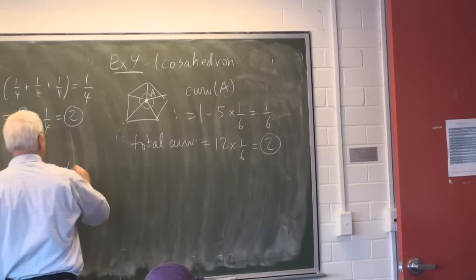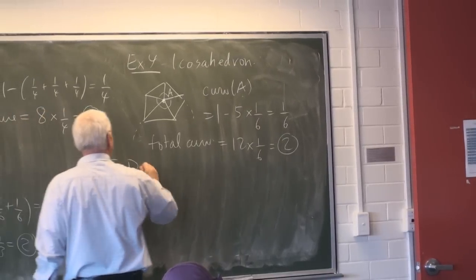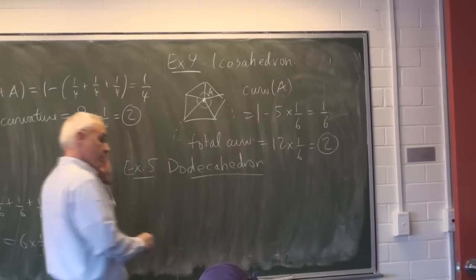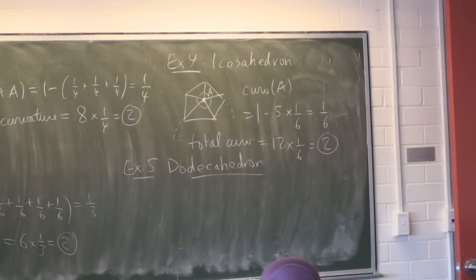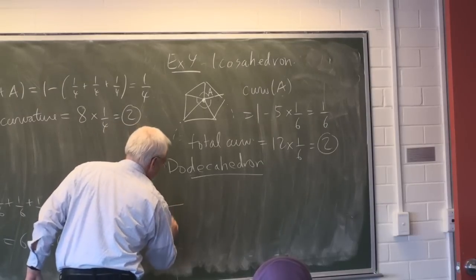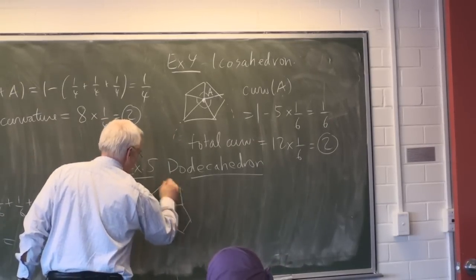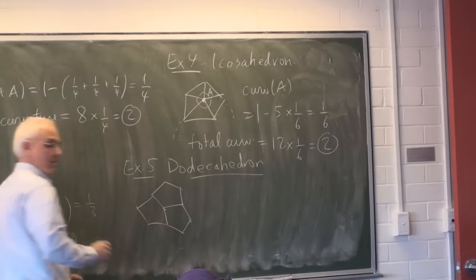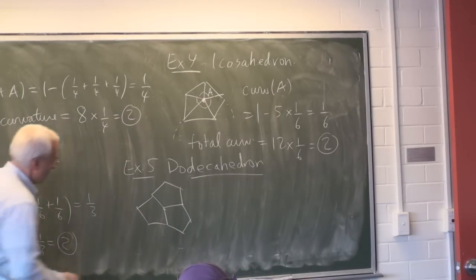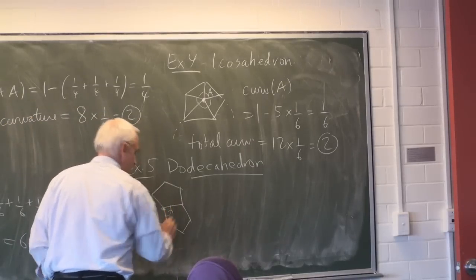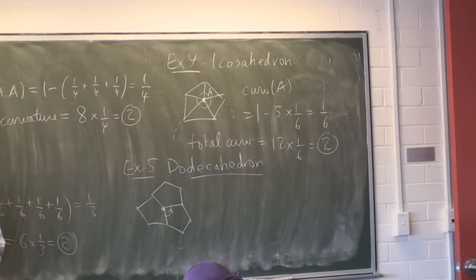And finally, our dodecahedron. Well, for the dodecahedron, we had pentagons coming together, 3 pentagons. And what is the internal tangle of a pentagon? Well, I think I computed that last time.